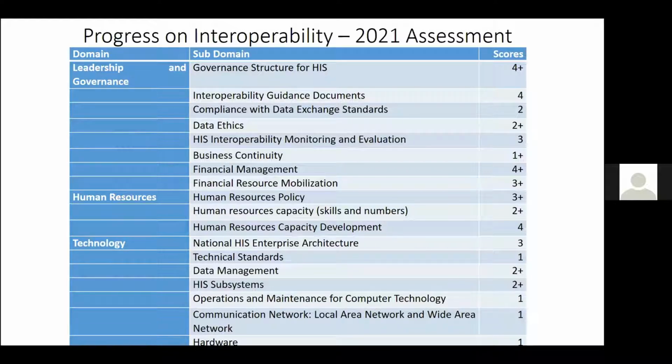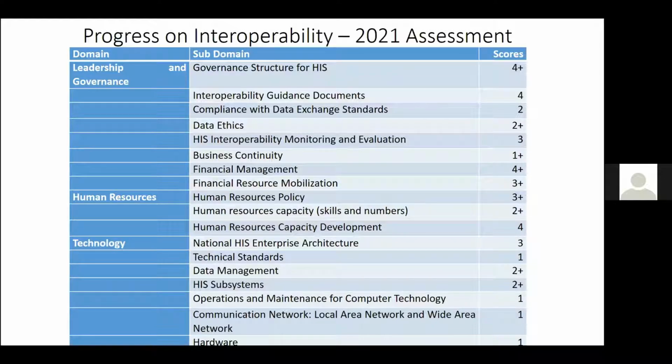That tool has the three main categories, domains: the leadership and governance, human resources, and technology. And within leadership and governance, there are key components there. And also within human resources, there are key components there. And also within technology, there are key components there. And you can see the scores that we have, 1 being poor and the 5 being the best.